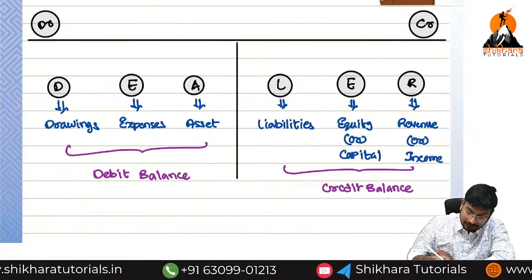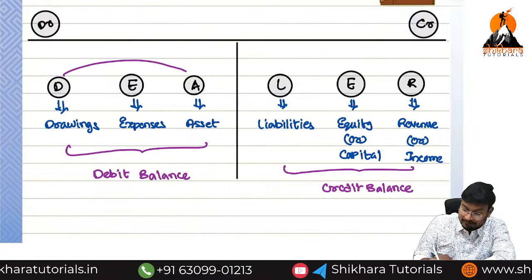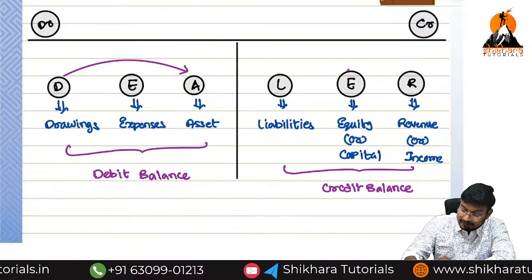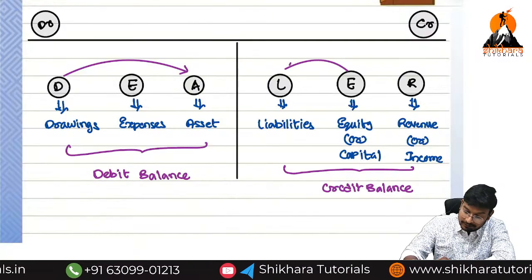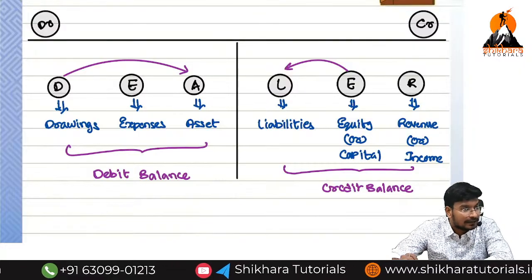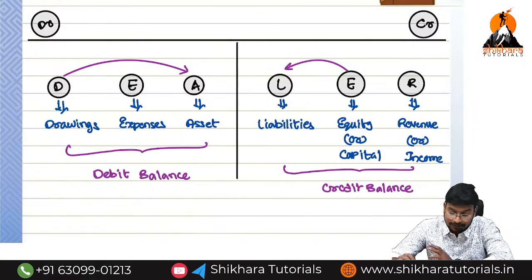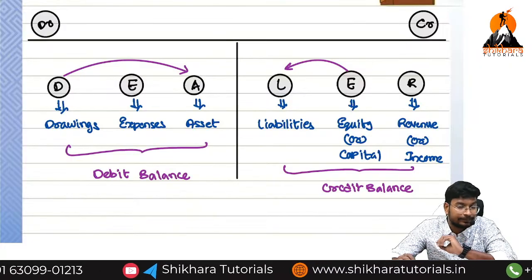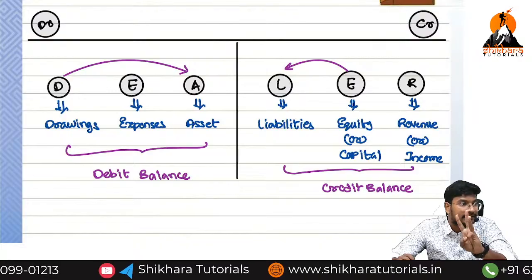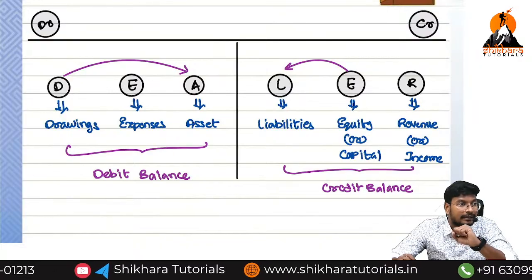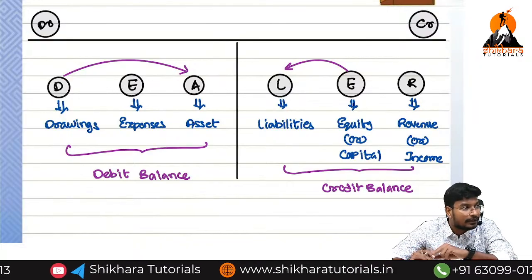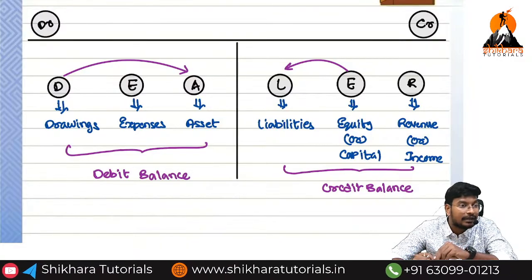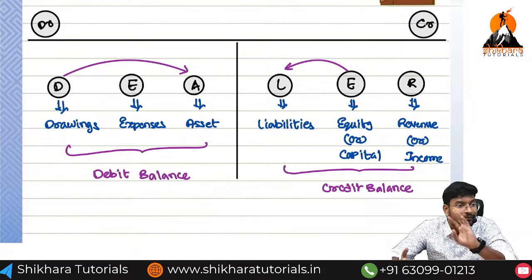If you see the drawings, it is an asset. If you see the capital, it is a liability. To conclude, in accounting we are having only four items.